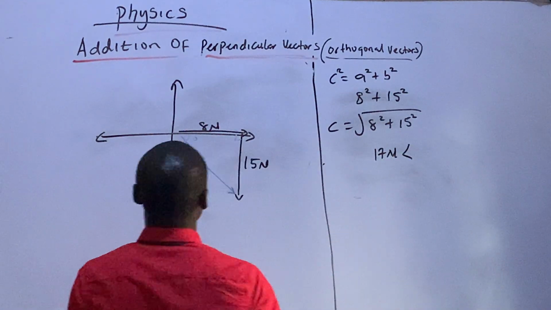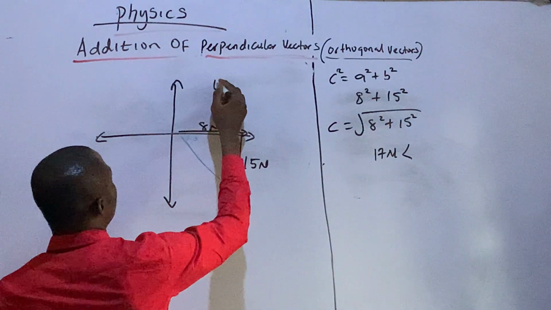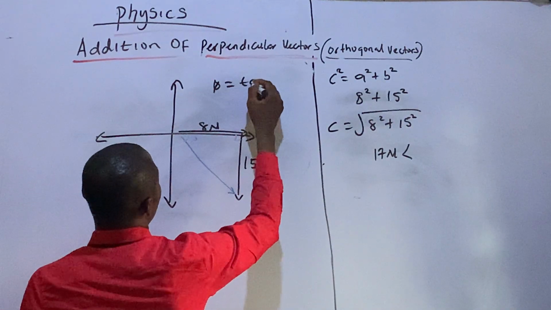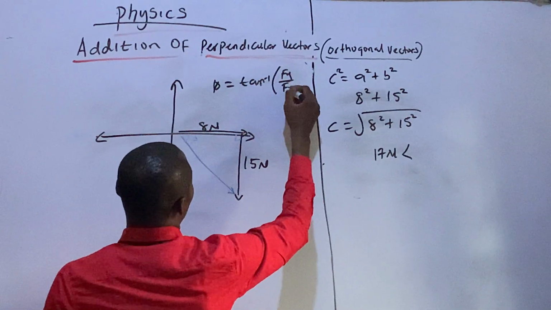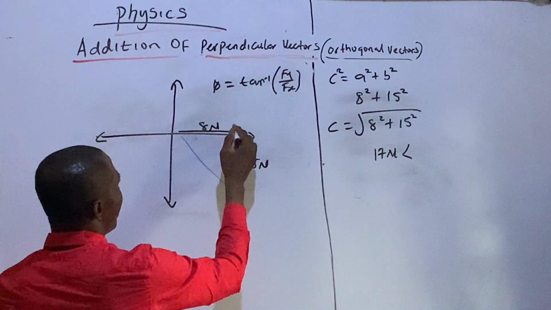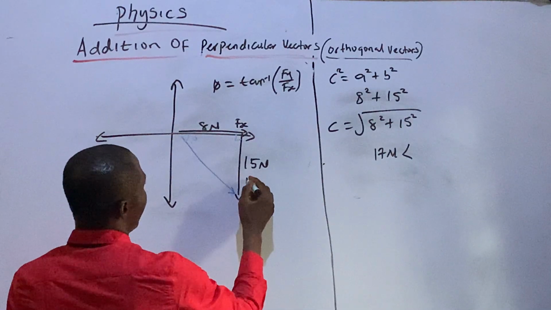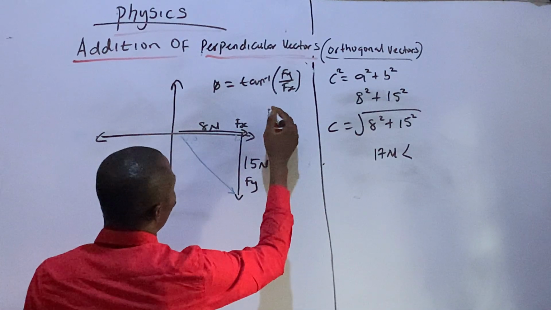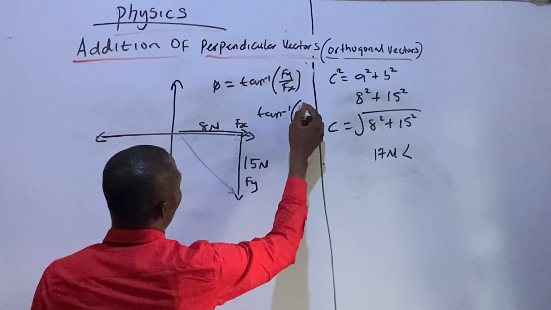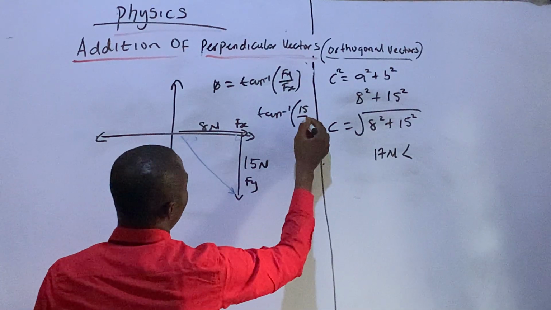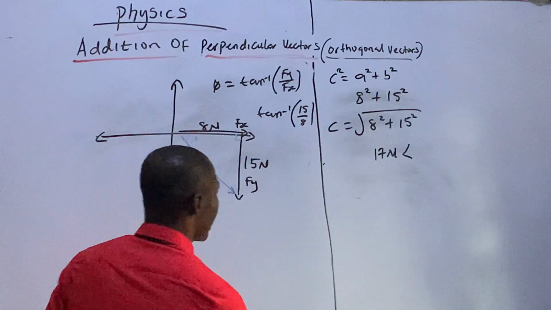Now, what's the angle? To find the angle, theta is equal to the tan inverse of F_y over F_x. This is my F_x, and this is my F_y. So I have the tan inverse of F_y, which is 15, divided by 8. Let's do that in our calculator.